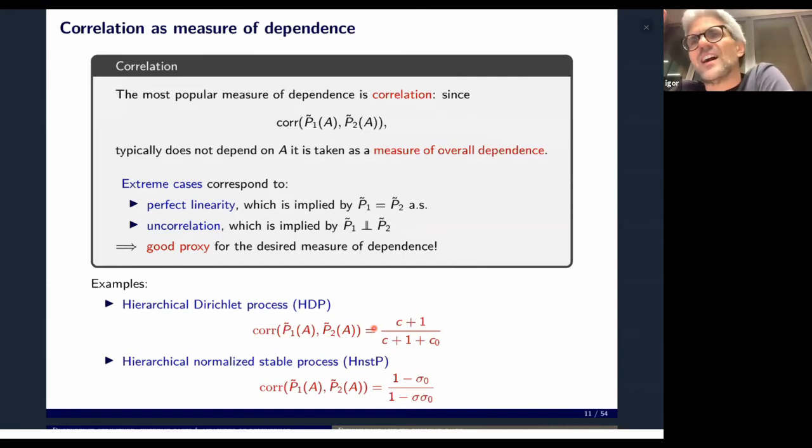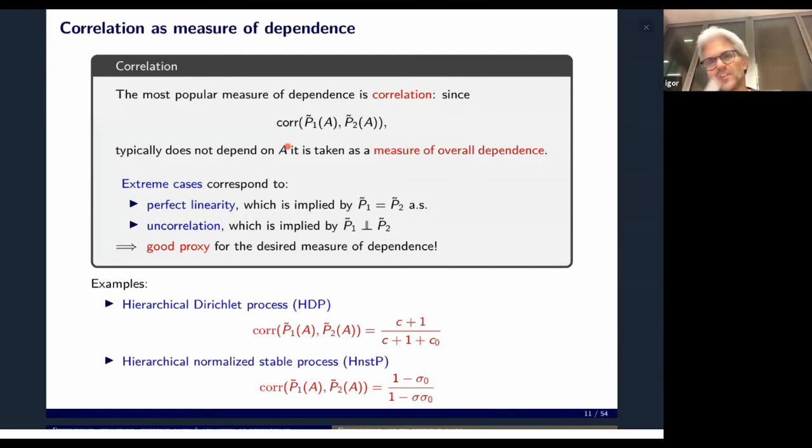I still don't think it's a good measure of dependence of random probability measures, because random probability measures and linearity are something which don't match well together.